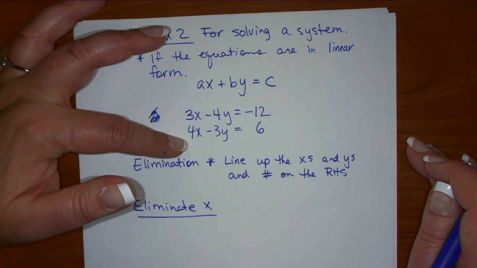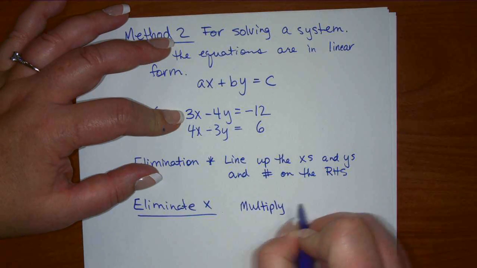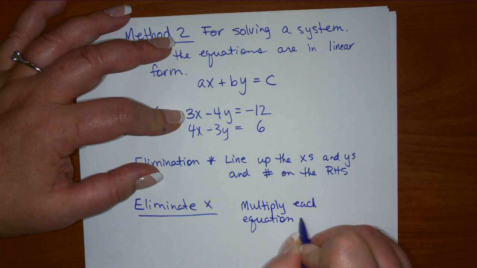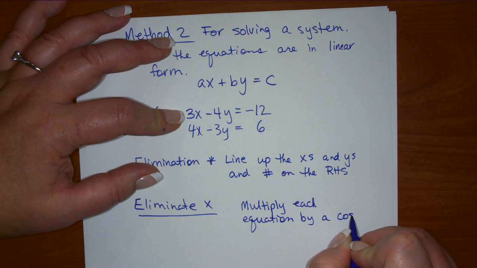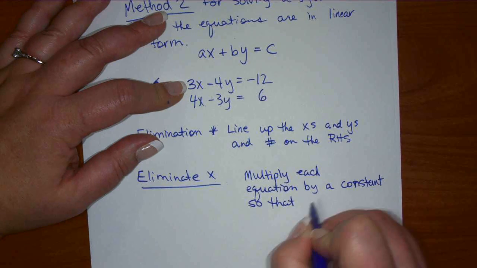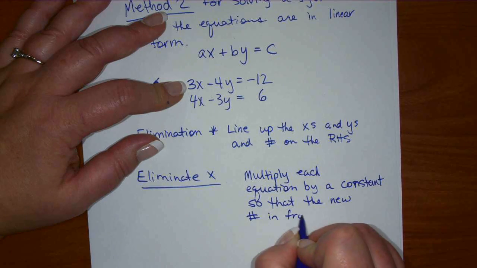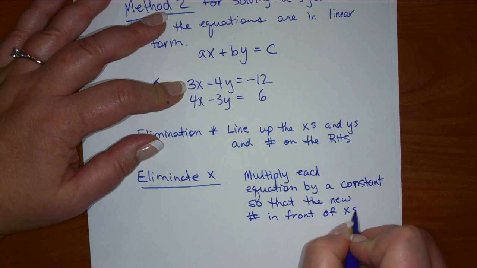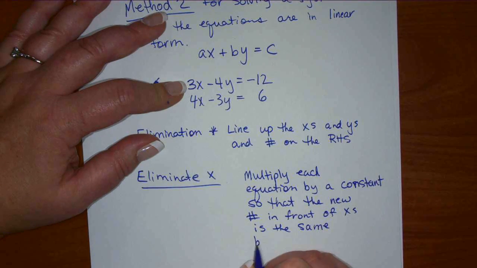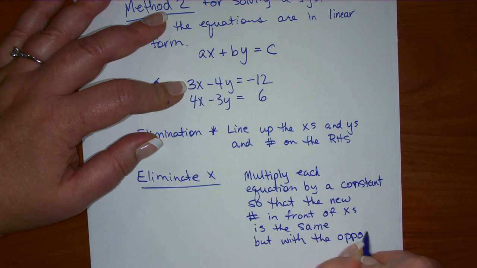So say we pick the x. What we want to do is multiply each equation by a constant, by a number, so that the new number in front of the x is the same, but with the opposite sign.